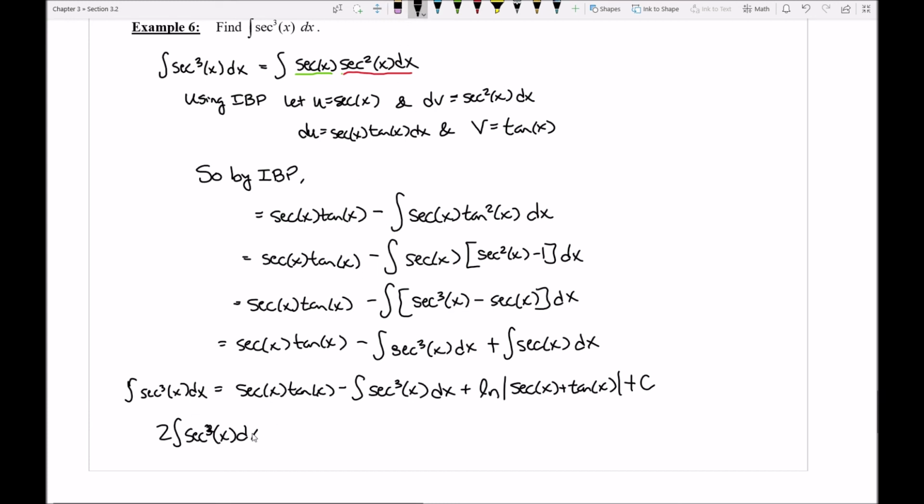And then that would just be equal to, on the other side, my secant x tan x plus my natural log. Right? And then I could go ahead and simply multiply both sides by a half, and I would have actually solved for my secant cubed.